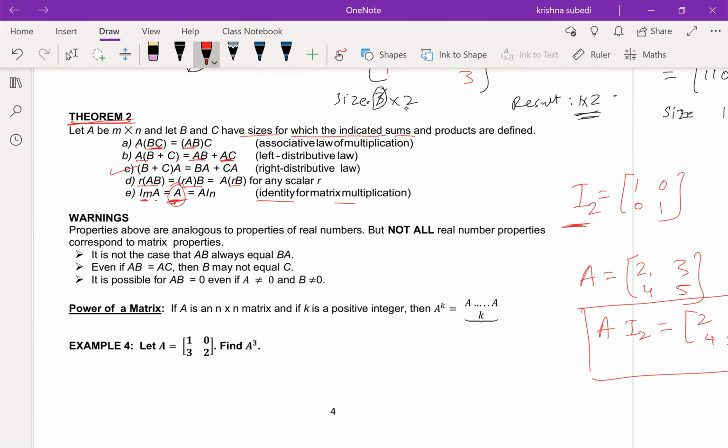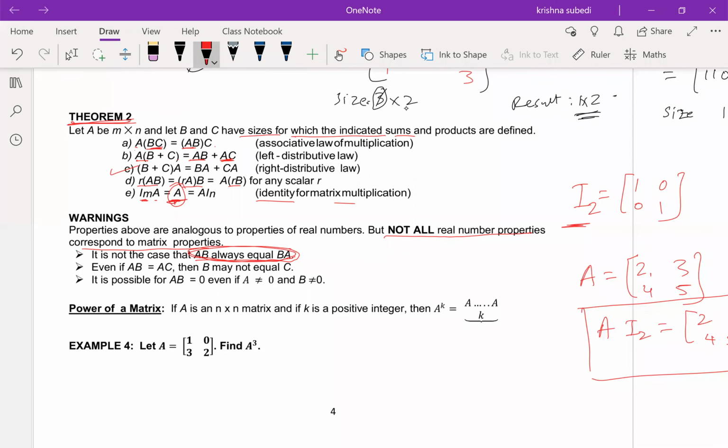Now, the properties above are analogous to properties of real numbers, but not all real number properties correspond to matrix properties. Keep this in mind. It is not the case that AB always equals BA. Sometimes it may happen, but in general, it doesn't work that way.